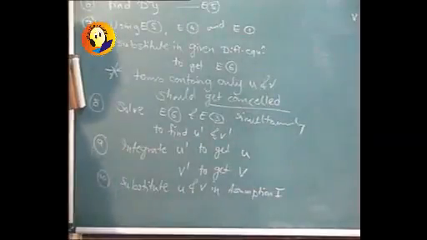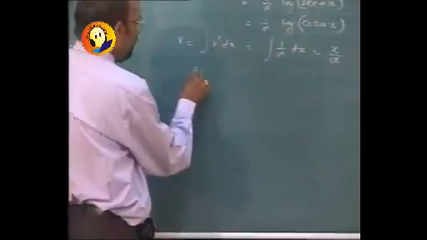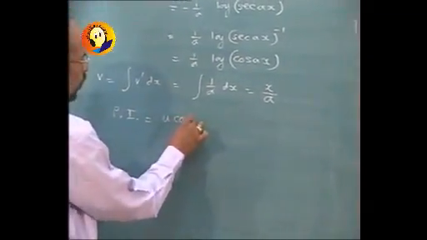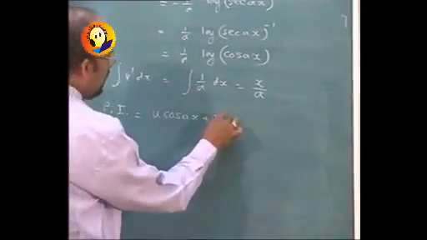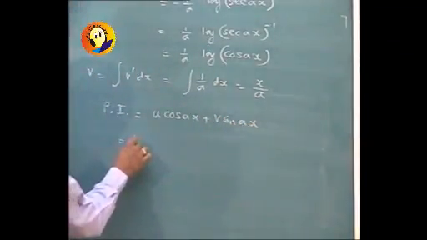So where we have assumed pi, that was u cos ax plus v sin ax, in that we are required to substitute these values of u and v. So it was pi that we had assumed as u cos ax plus v sin ax can now be written as 1 upon a.